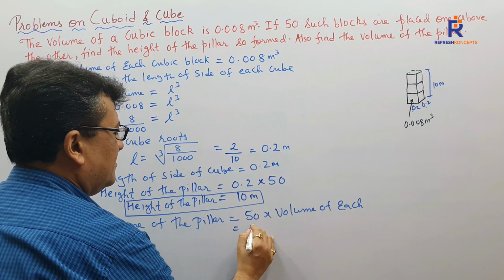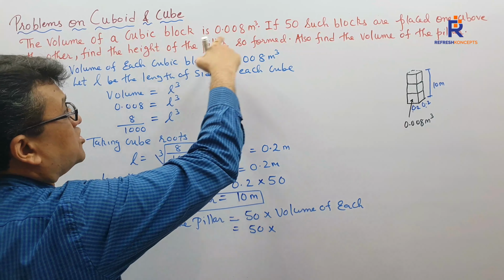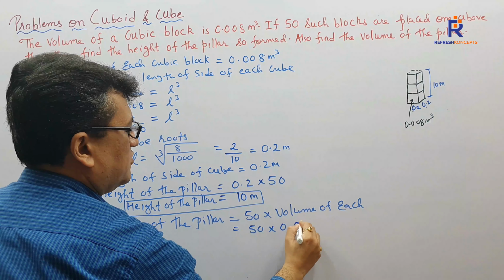As simple as that. 50 into 0.008. When you multiply, 0.4 meter cube is the answer. How come? The decimal will take care. 8 5s are 40, so one more 0 will take care of one more decimal. So I'm left with 0.4 meter cube.